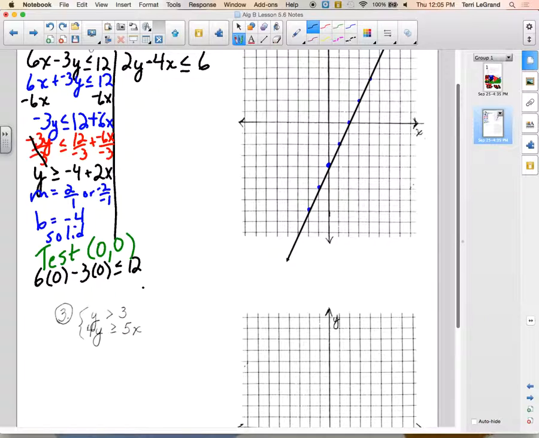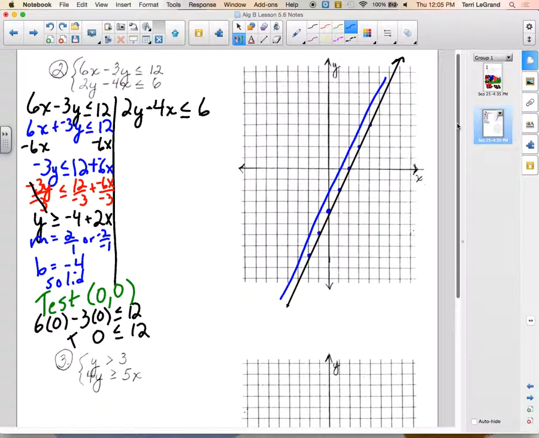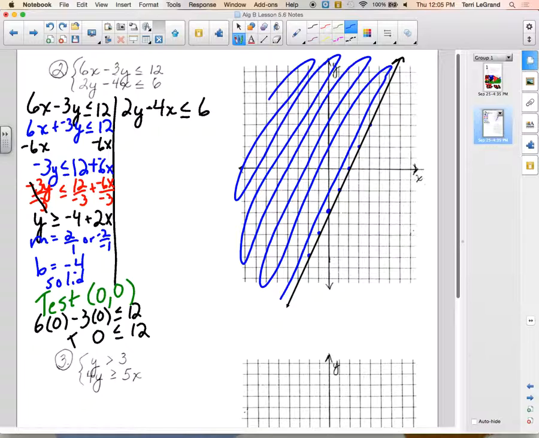What do we get? 0. On the left side we get 0, and on the right side we get 12. True or false? True. Okay, so that tells us we're going to shade above where 0, 0 is. We're going to shade above the line lightly, and shade all the way through the graph above it with our pencil.